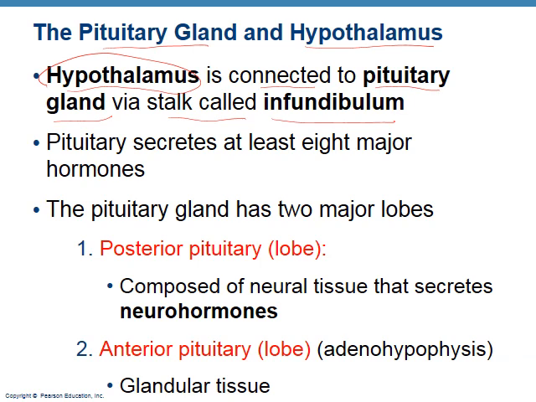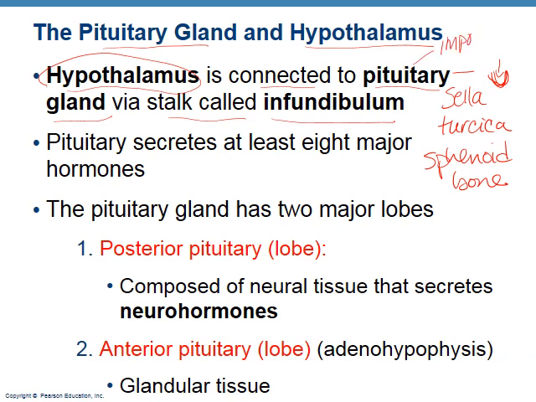Maybe you remember that the pituitary gland sits in the sella turcica of the sphenoid bone. Remember, it was that little U-shaped saddle, and your pituitary sits right in that. So this has a bony protection. So anything that has a bony protection, that should be telling you that it's important, right?